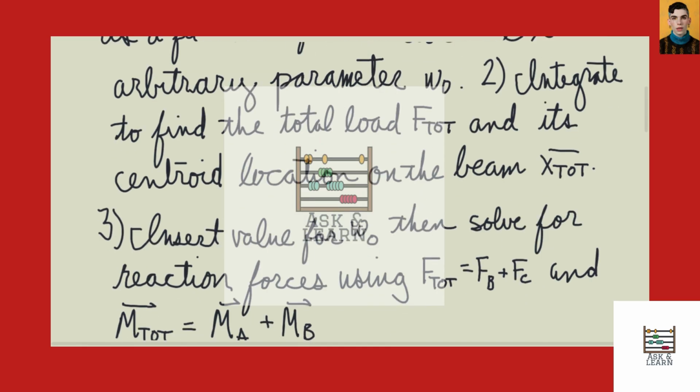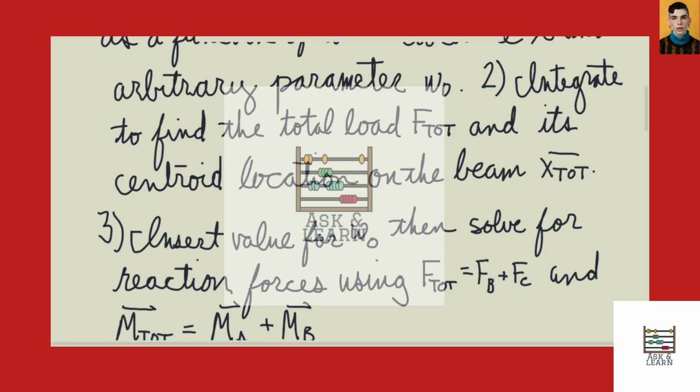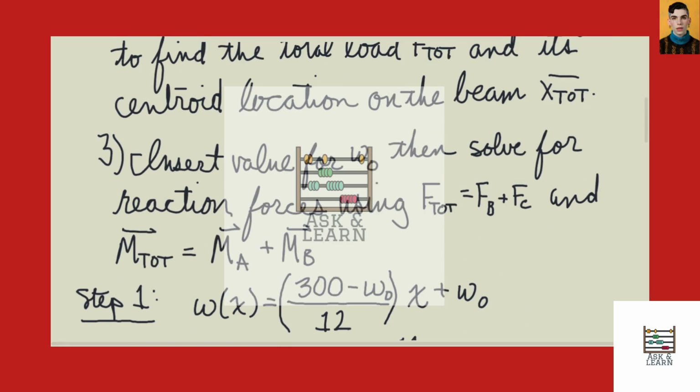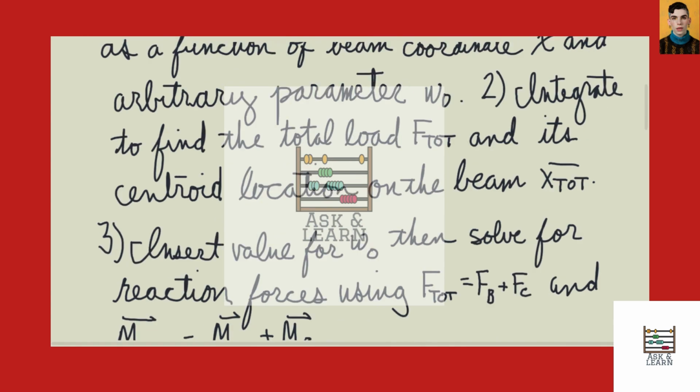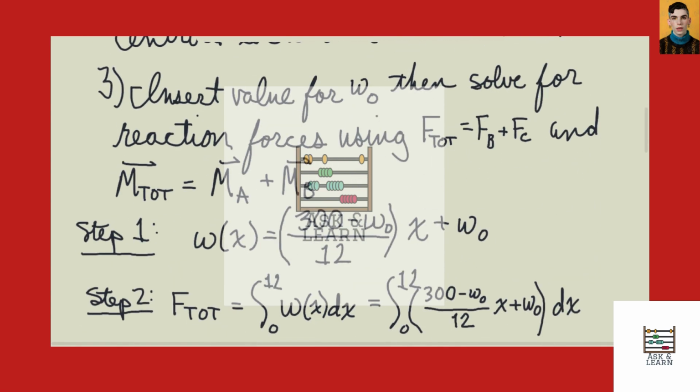We will also calculate the centroid location on the beam using the function we derived in step 1. Finally, we will insert the specific value we're given of 400 pounds per foot for W naught, and then we'll solve for the reaction forces at each of the supports using the usual statics equations.